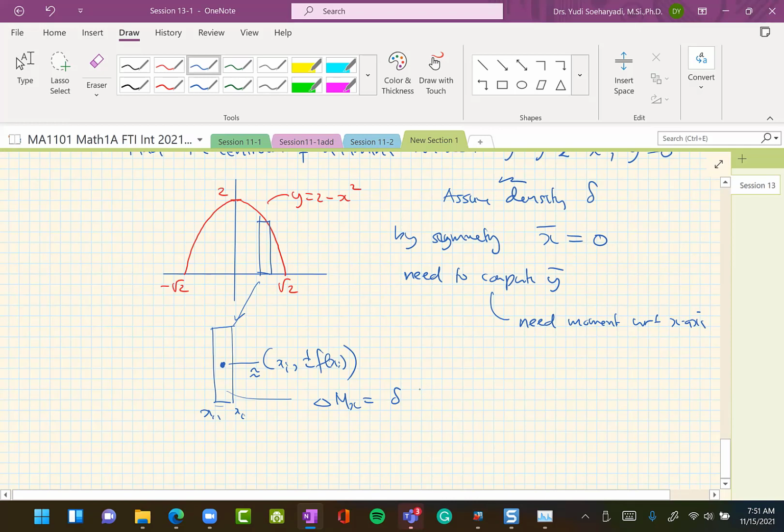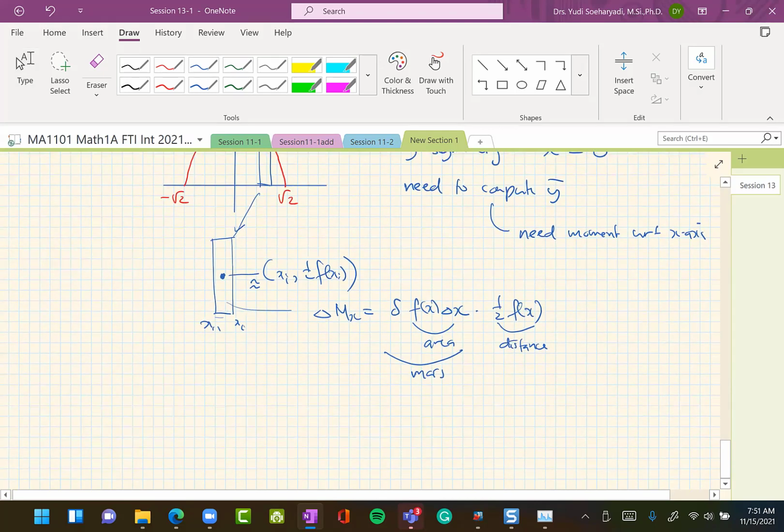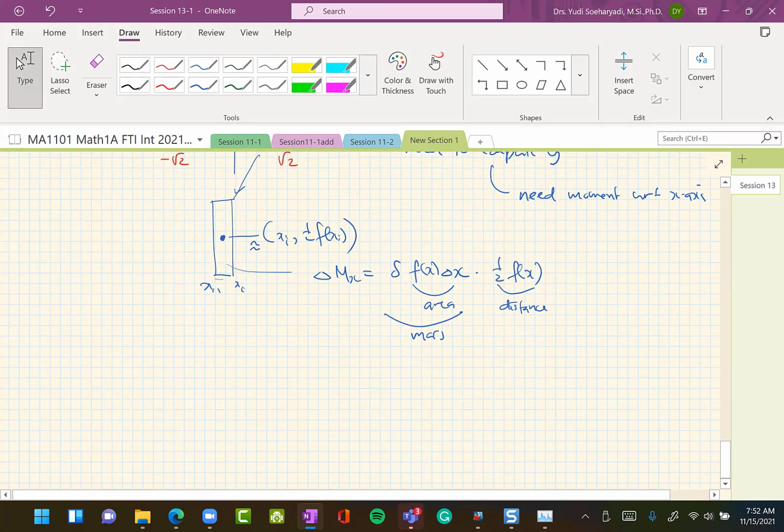Area is f of x_i times delta x. Times distance, and the distance is just one half of f of x_i. So that's the moment of the sample.